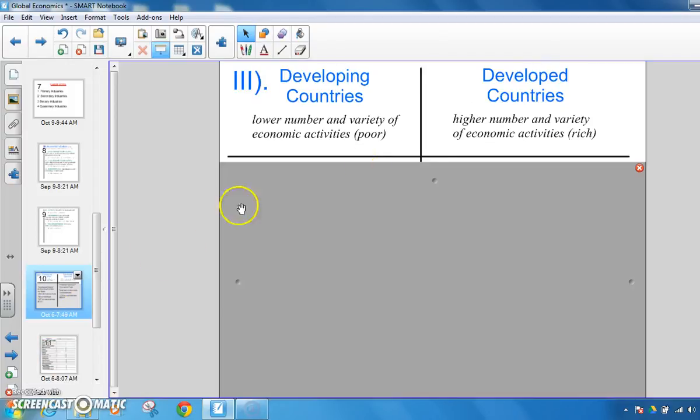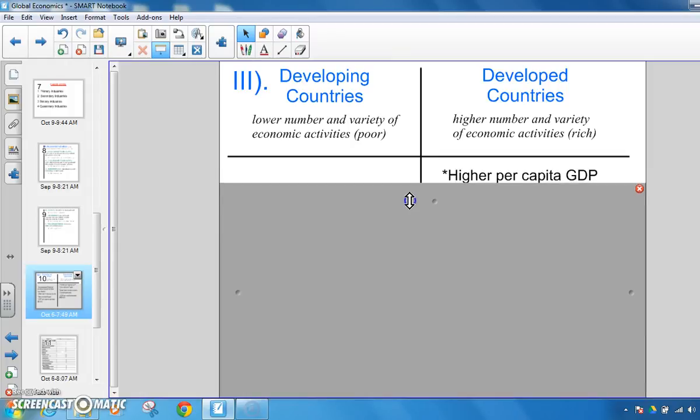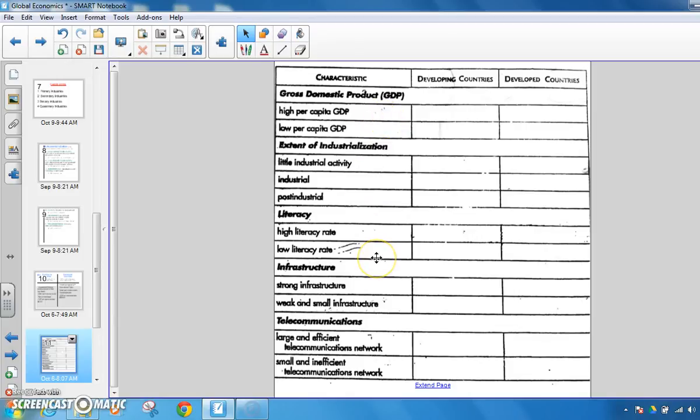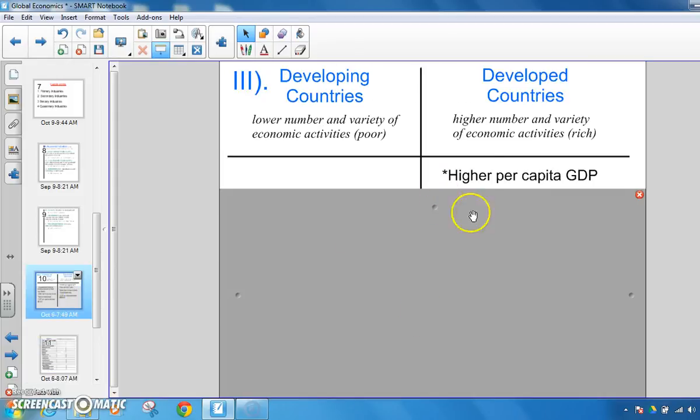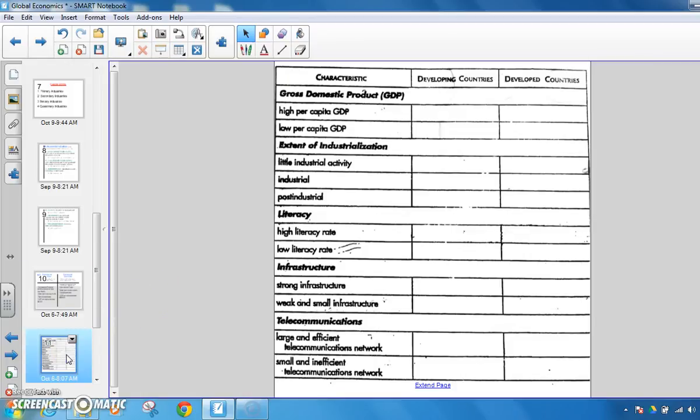And so on the right-hand side, I'm going to write higher per capita GDP. Now you're going to fill in each one of these parts as the sub or the teacher puts this out here. The sub or the teacher will reveal afterwards which ones you have, and then I'll go through talking very briefly about the rest of them. But go ahead and fill this in, pause this video for me, get a chance to copy this down, fill it in with this part. The sub or the teacher will reveal the answers afterwards, and then we'll add on a few others.